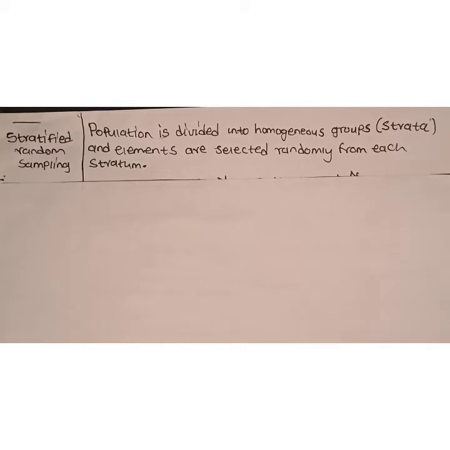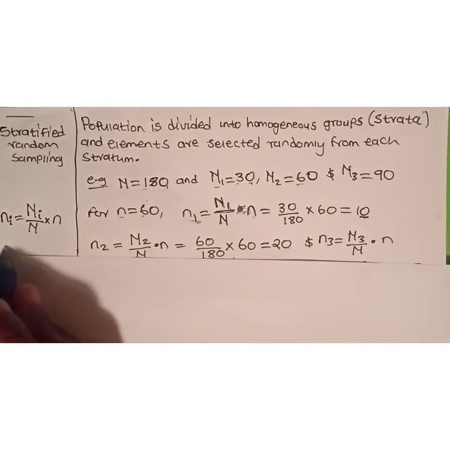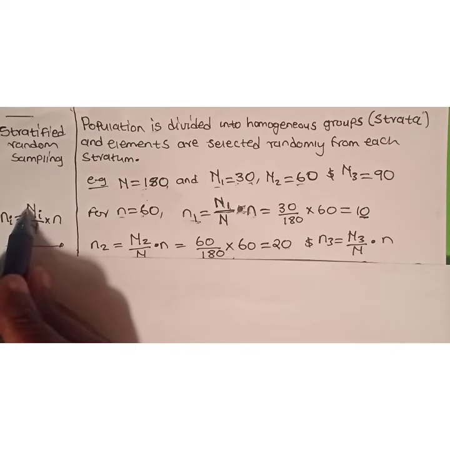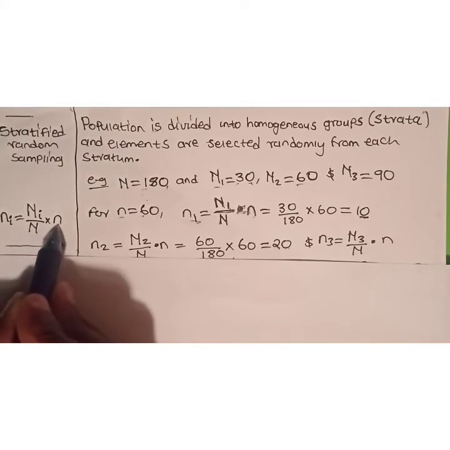Then you'll have to find the sample size for each stratum. So this is how you do it. The sample size for each stratum is given by the population size in each stratum divided by the overall population, multiplied by the sample size.